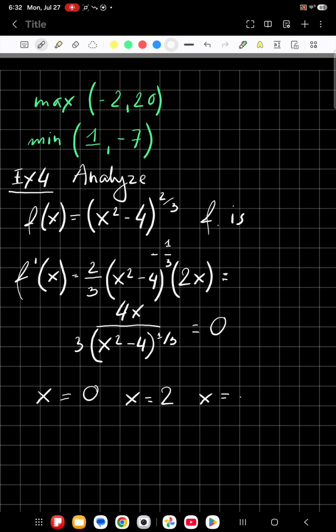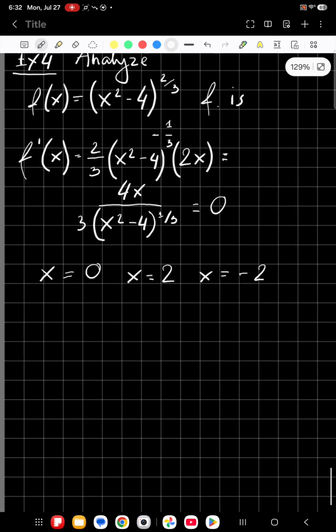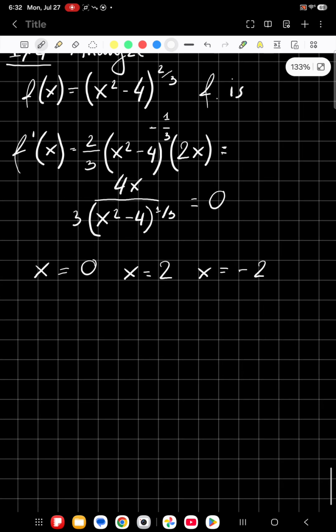And so we have 3 critical numbers. And the next thing, we put them on the number line and see what's going on. Okay, number line. And we have, what do we have? Negative 2.